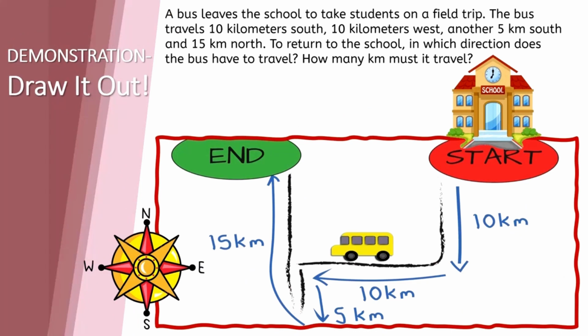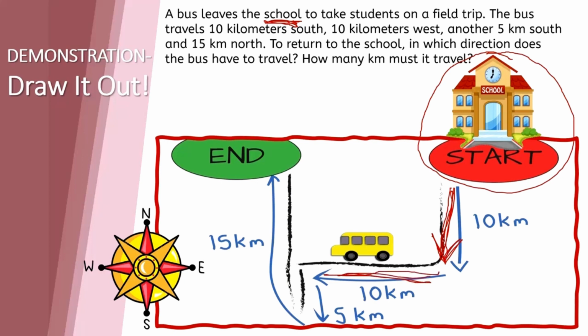Well, here we go. We drew it out. A bus leaves the school. So here's the school. Here's start to take the students on a field trip. The bus travels 10 kilometers south. So here's 10 kilometers south. And then 10 kilometers west.